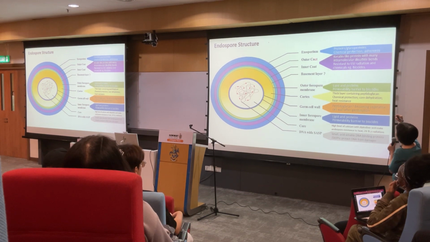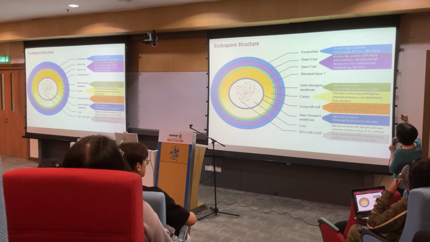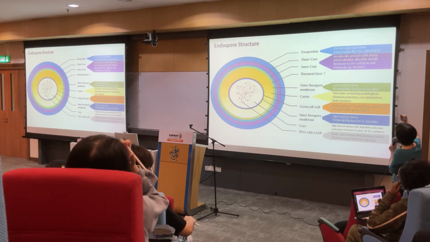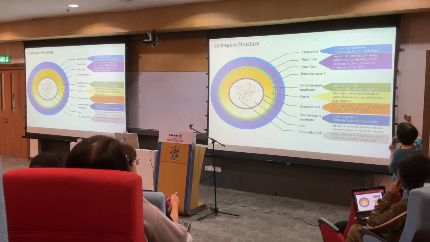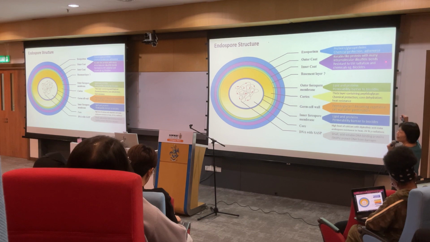Now, they have the outer coat and inner coat, the spore coat. This is made up of keratin, which is quite a tough structure. They have a lot of disulfide bonds, meaning the structure is very tough, because the disulfide bonds form in the protein.